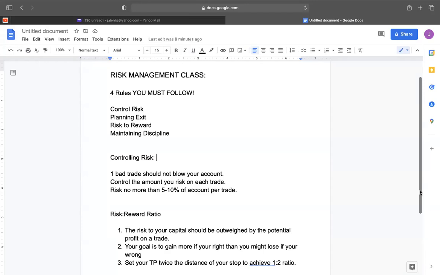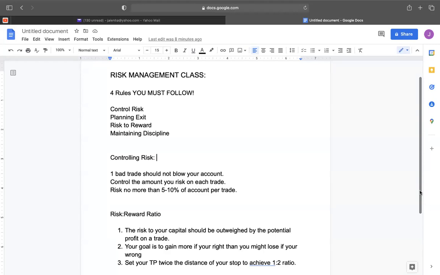They're going to have to go back to work or do whatever to refund their accounts. So you don't want to be put in a position where you have to go through something like that. You want to control your risk. One bad trade should not blow your entire account.